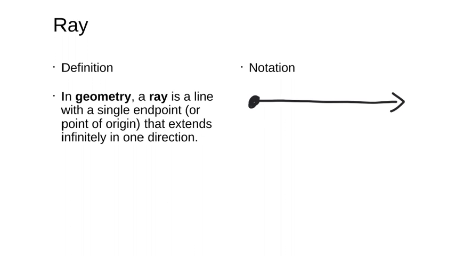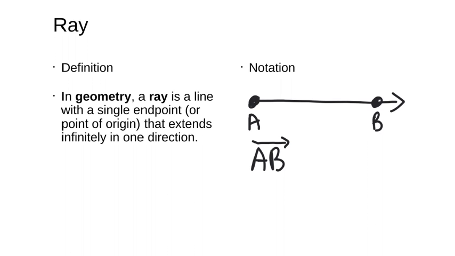So if I'm going to name this ray, I would start with whatever the origin is, the endpoint, and another point on the ray. So this ray is AB. It is not BA. You have to put the endpoint or the origin first, and then another point.